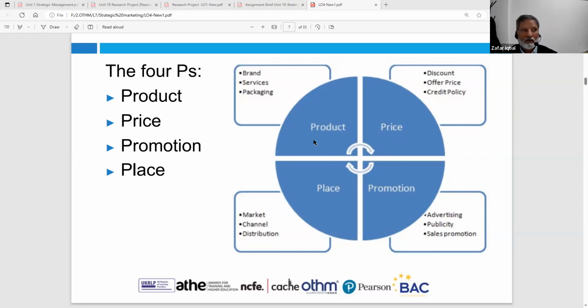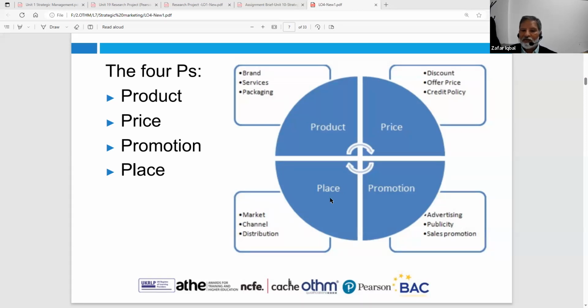For example, $5.99, or a few £100, or a few £1,000 for a product, as when we buy a car. Price also consists of credit policies, discounts, loyalty, and other things.